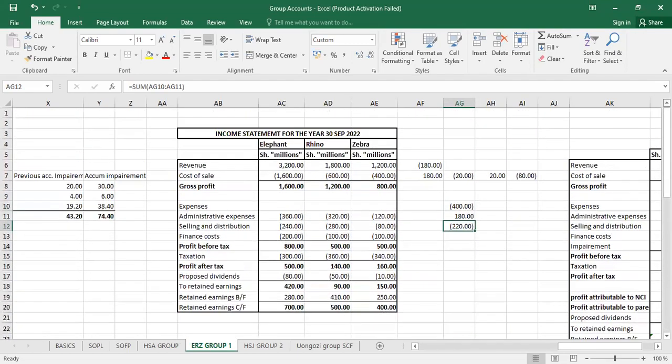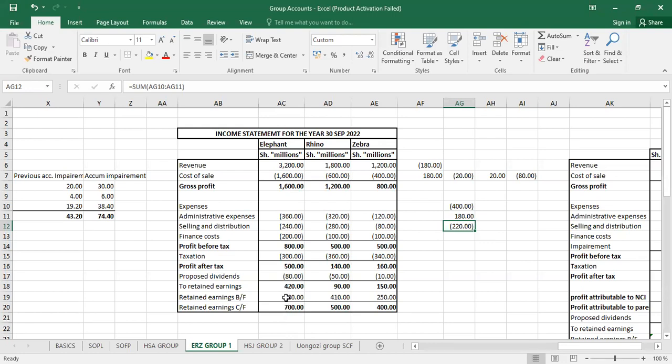You can see, after all the profits, we always add to retained earnings. Then we have retained earnings balance brought forward. So this one is what we are talking about, because it has added everything here.